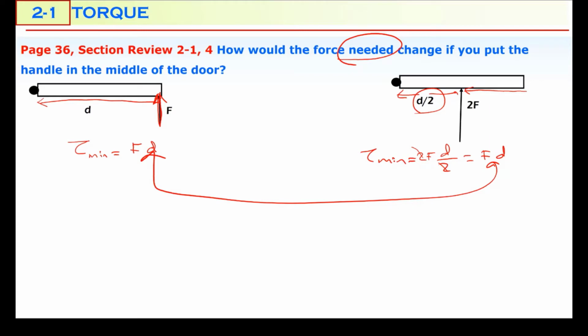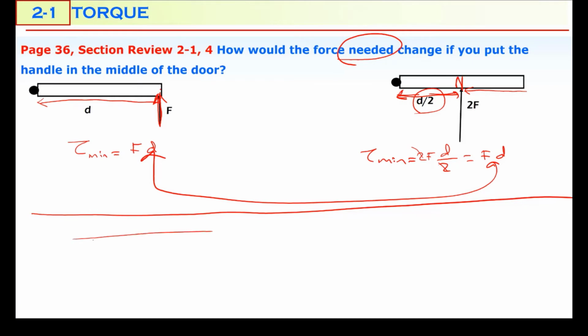So they are frequently asking these types of questions. What if they ask 1/3? How would the force needed change if you put the handle not in the middle, but at 1/3 of the door? You are going to apply the force somewhere here. So this is the door, and you are going to apply the force right here.